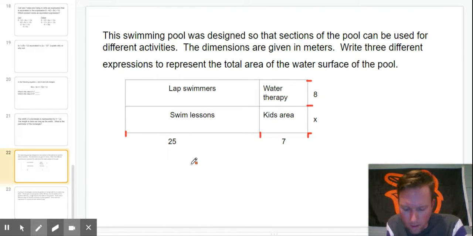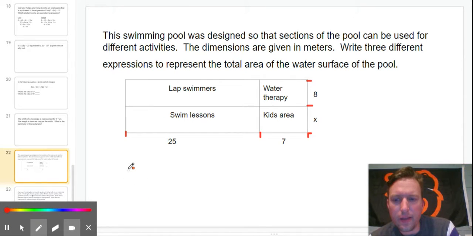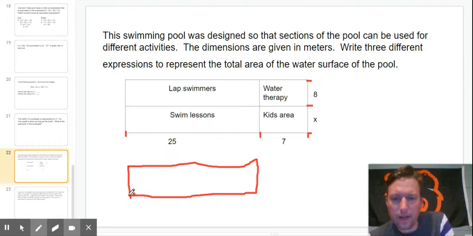One of the ways that we could do this is we could break up the different sections here. We could think of this first section as one big area, combining the lap swimmers and swim lessons together. If we did that, we know that it would be 25 meters long.